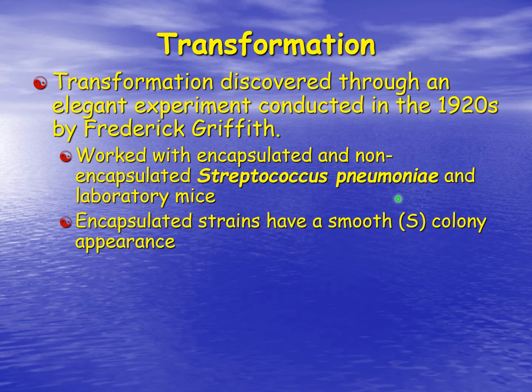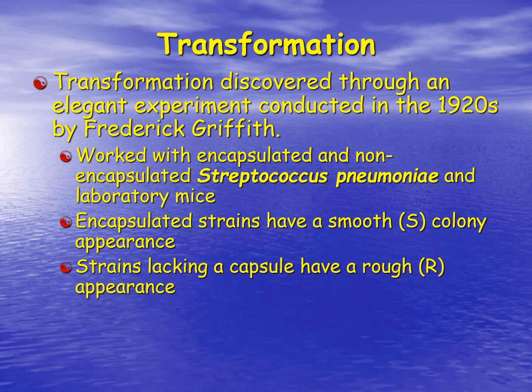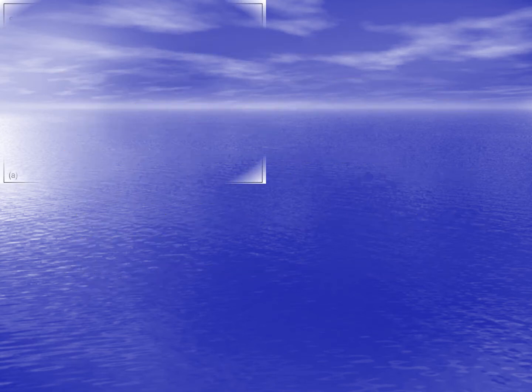The encapsulated strains tended to grow smooth colonies in appearance on media, whereas the strains lacking the capsule tended to have a rough appearance. So they were known as S strains and R strains. I'll simply call them encapsulated or non-encapsulated.